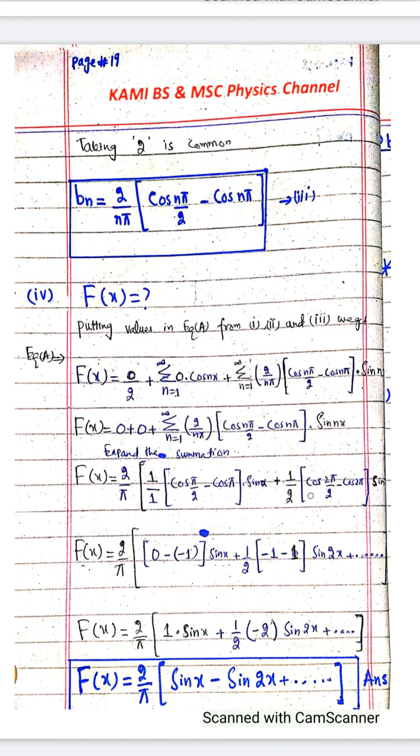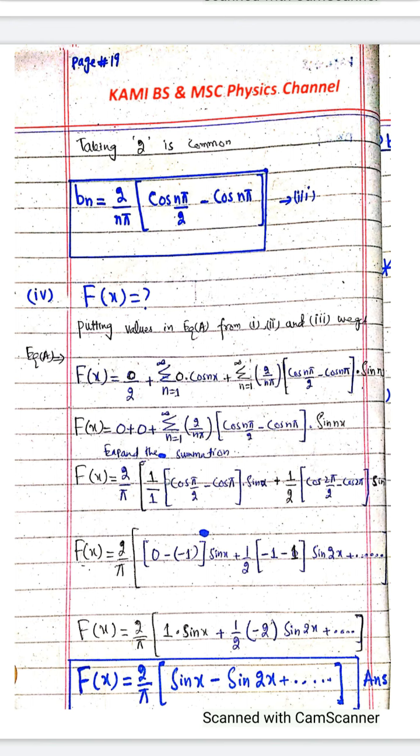Now we put n equal to 2: 1 over 2, cos 2 pi divided by 2 minus cos 2 pi, into sin 2x, up to infinity.